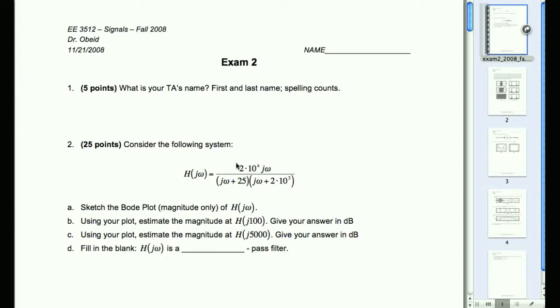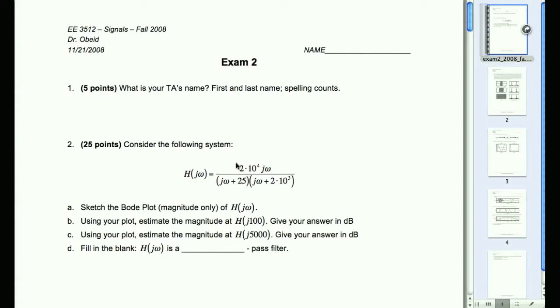Yes, sir. I had a question. Let's say you have some kind of filter, and you find that it is made up of a low pass filter multiplied by something else. Okay. Multiplied by, let's say, j omega. Since you're multiplying by or dividing by j omega, could you find what kind of filter it is?